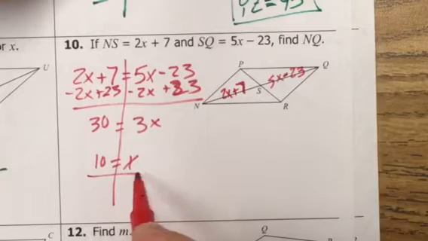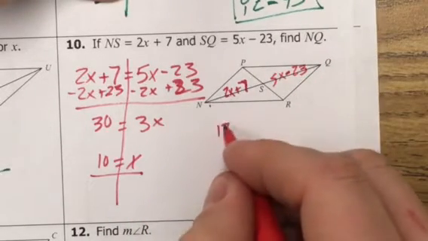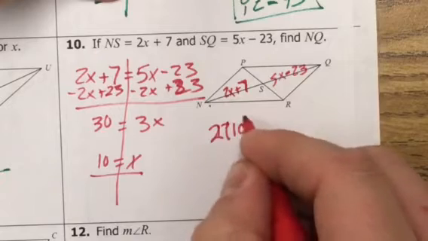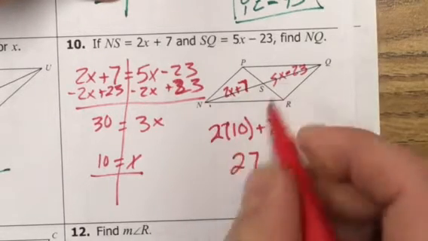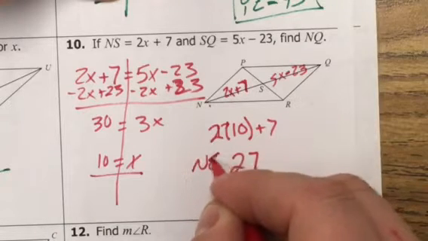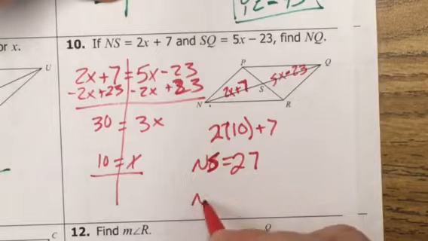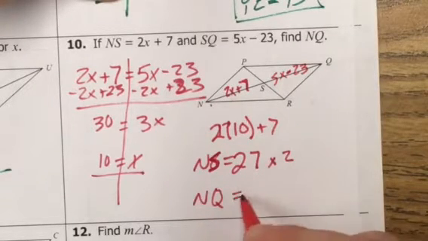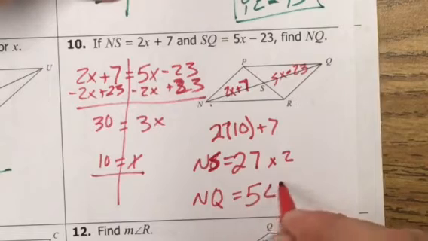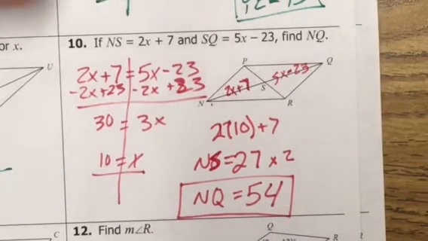Now, they asked me to find NQ, which would be the whole distance. So 2 times 10 plus 7 tells me that each side in S would be 27. So NQ would be 27 times 2, which is 54. And that would be your final answer.